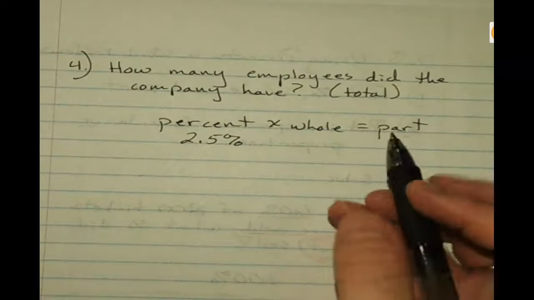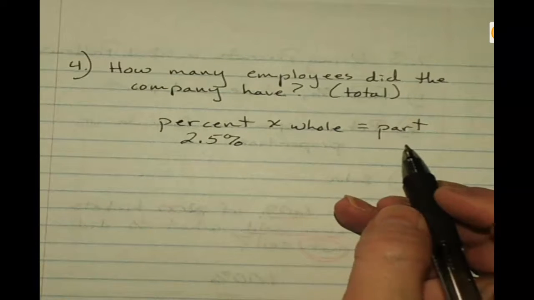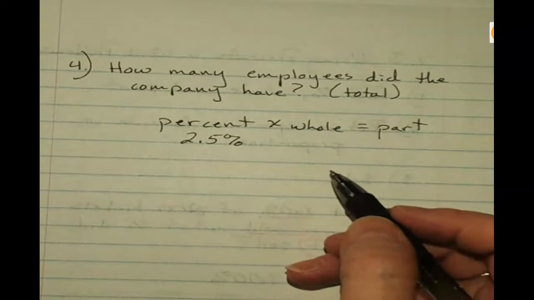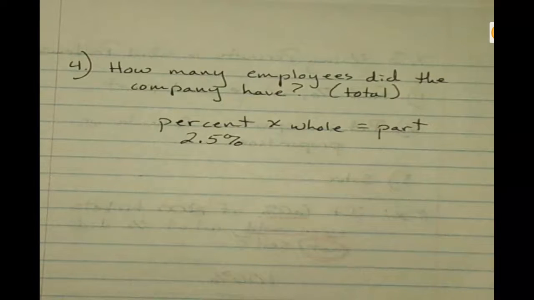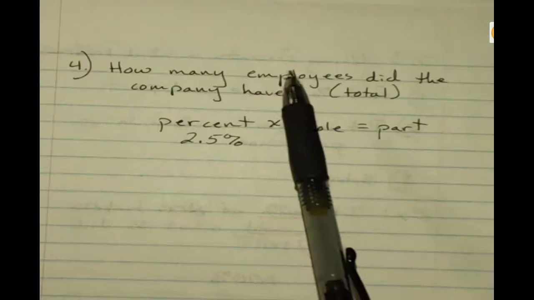And then, whole or part? The whole is 110 employees. Wait. What are we looking for? The part. What? Say the question. How many employees does the company have? Part. That's the part. This is the part? Or the 110 is the part?